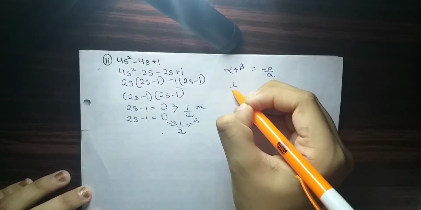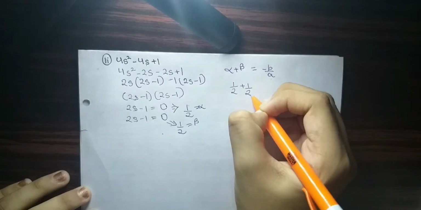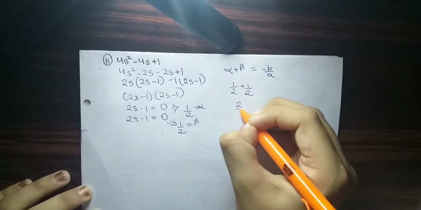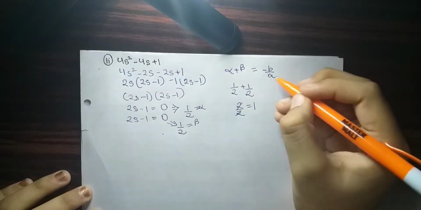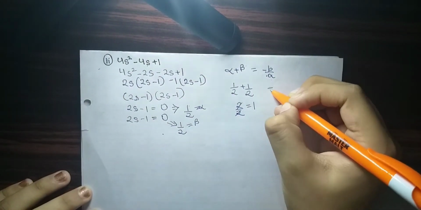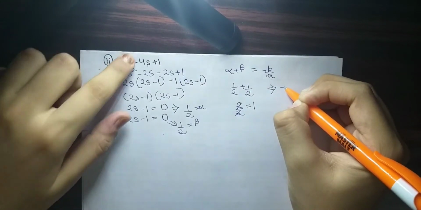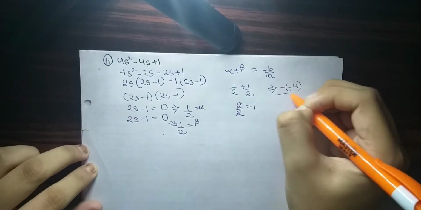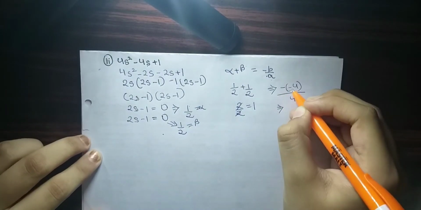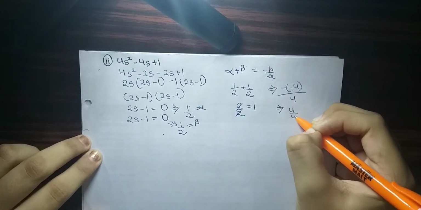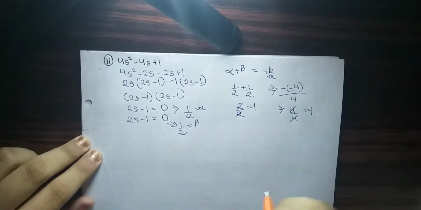So I can write half plus half. What will half plus half give me? 2 upon 2, and cancelling I'm going to get 1. And over here I can write minus of minus 4 upon a, that's 4. I'm going to get minus minus plus 4 upon 4, 1. Both of them are equal.